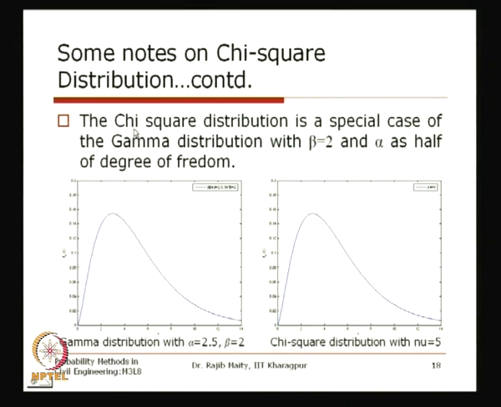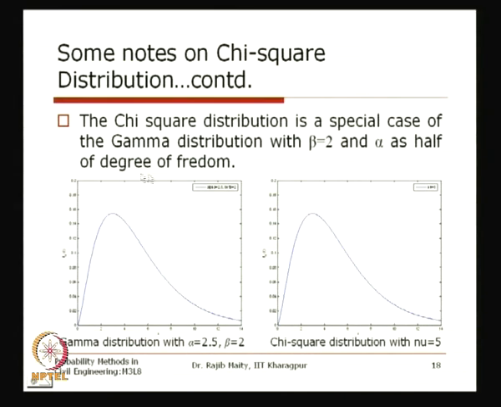Now this chi-square distribution is a special case of the gamma distribution with beta equals 2 and alpha as half of the degrees of freedom. There are 2 graphs shown. The first is the chi-square distribution with parameter nu equal to 5, and the PDF shape looks like this.